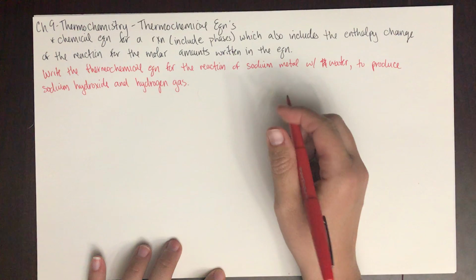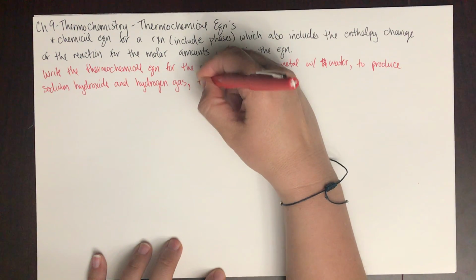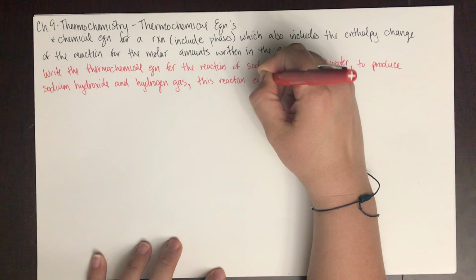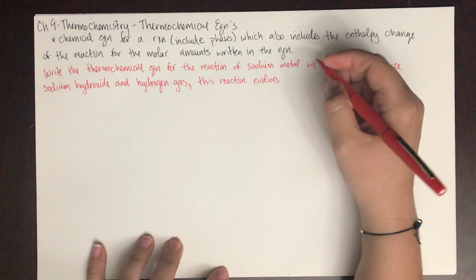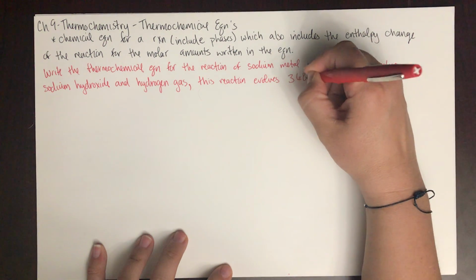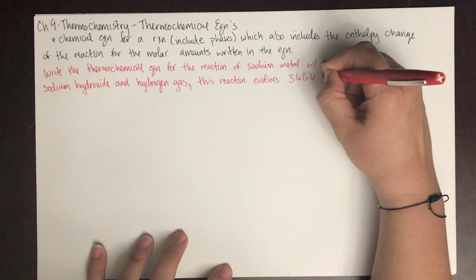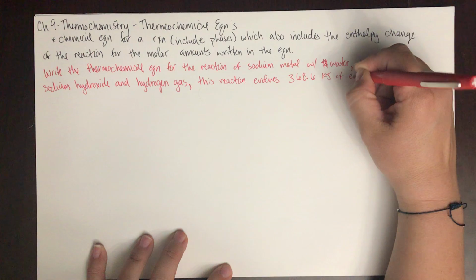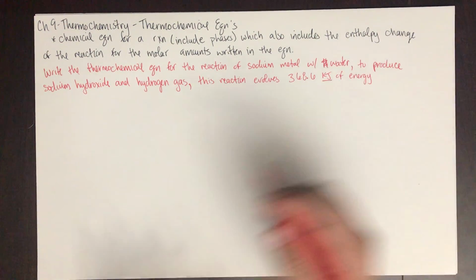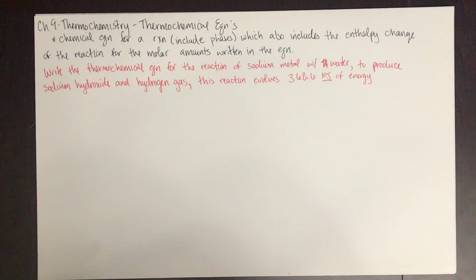And we'll say this reaction evolves 368.6 kilojoules of energy. Kilojoules is going to be the unit that we use for energy most of the time.